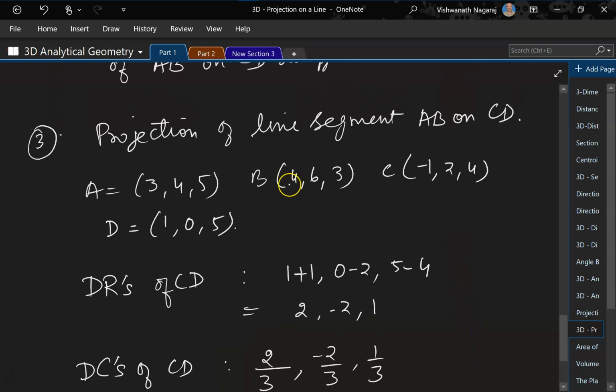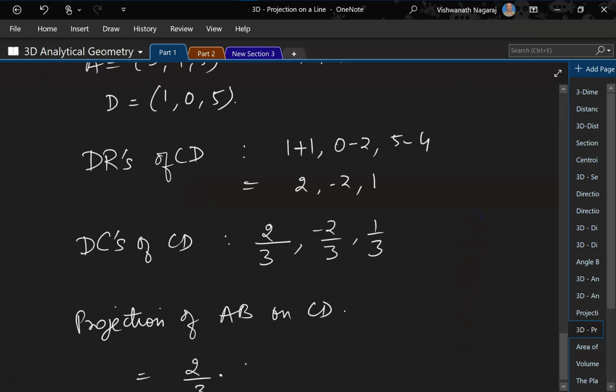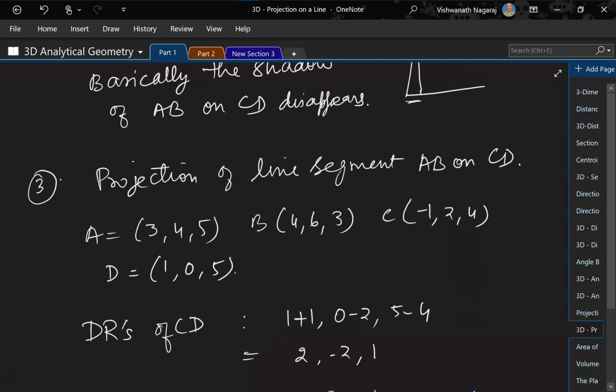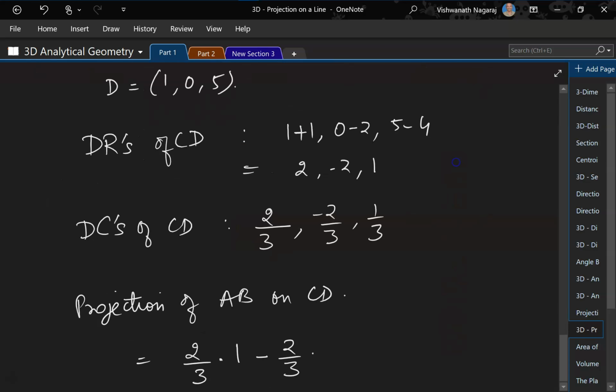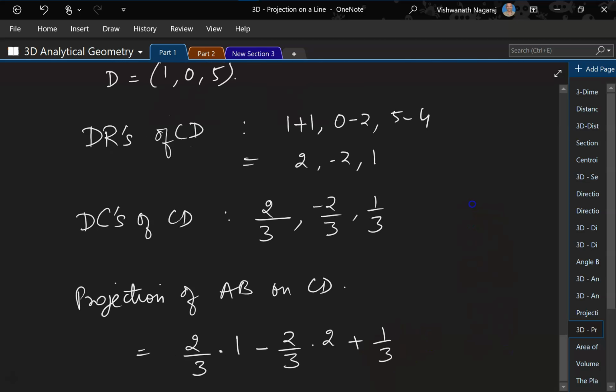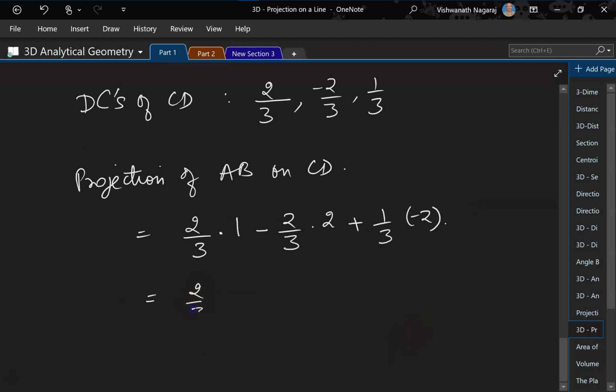The direction ratio would be 4 minus 3, 1, plus minus 2 by 3 times 6 minus 4, which is 2, plus 1 by 3 times 3 minus 5, that is minus 2. So 2 by 3 minus 4 by 3 minus 2 by 3. This and this get cancelled. We are left with minus 4 by 3.